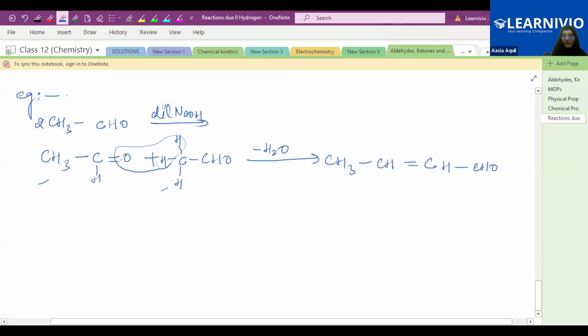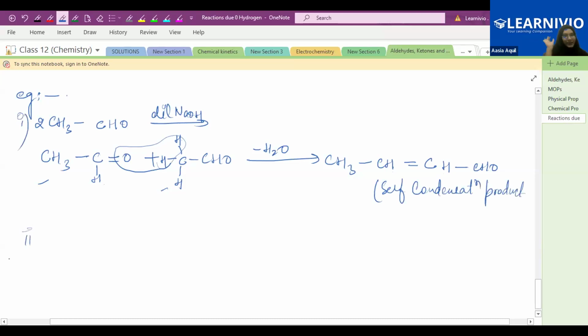Two alpha hydrogen and one oxygen will combine and the water will be removed. When the water is removed, dehydration occurs. You will get an alpha beta unsaturated carbonyl compound, and that is your final product. And this is the product of self condensation.